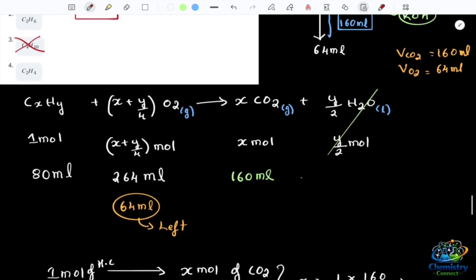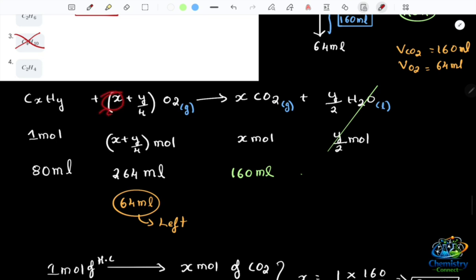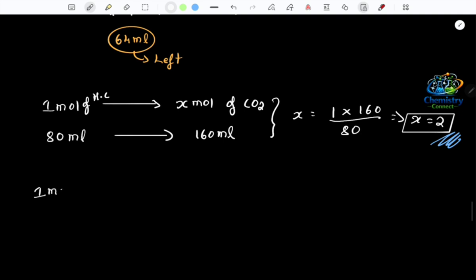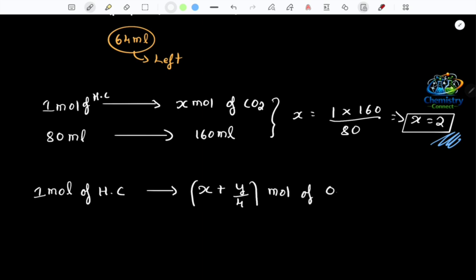So how to find the y value? Already we are aware of the x value. We need to find the y value. So what I will do now is relate this combination. 1 mole of hydrocarbon is going to combine with x plus y by 4 moles of oxygen.